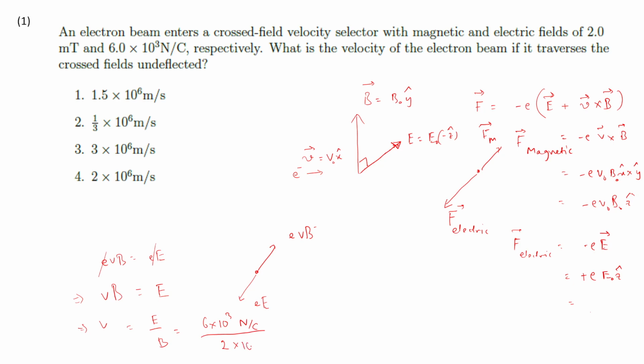That means 2 into 10 to the power minus 3 Tesla. This means v is 3 into 10 to the power 6. It will be in SI unit because all the units we have used are in SI units. So it will be meter per second. So this is your correct answer.